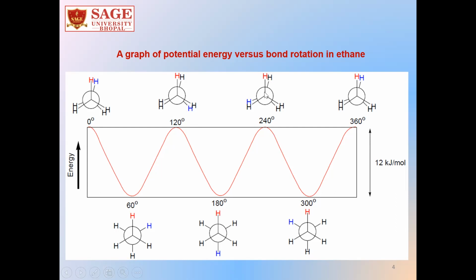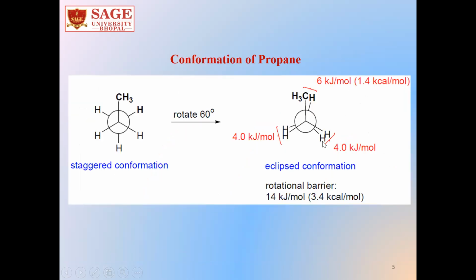At 240 degrees, again this eclipsed conformation has arisen, so the torsional strain is present. At 300 degrees, there is no such torsional strain. And at 360 degrees, when they are again in the eclipsed position, this 12 kilojoule per mole torsional strain is there.